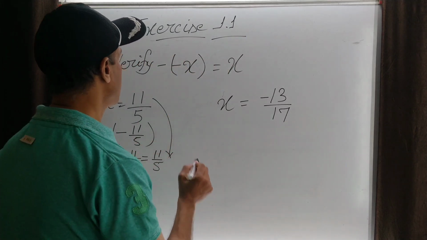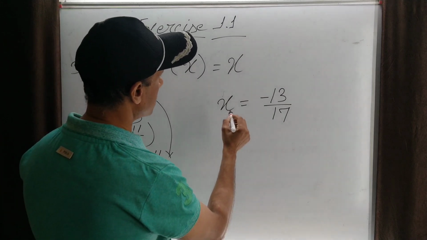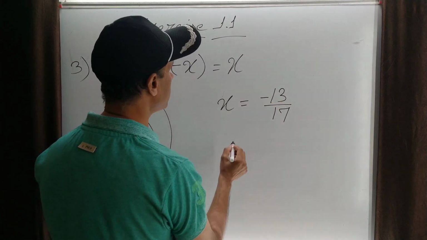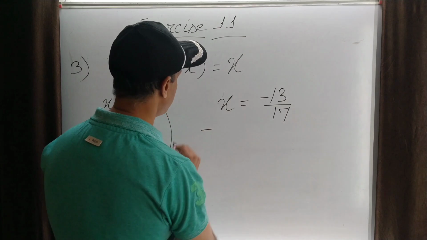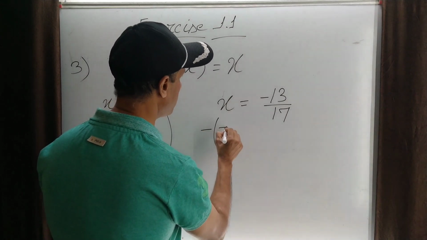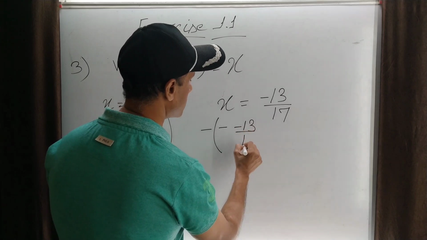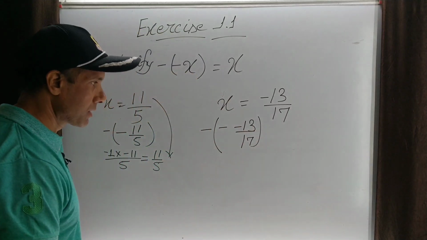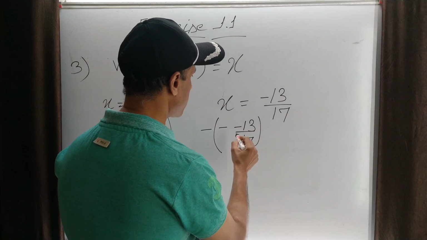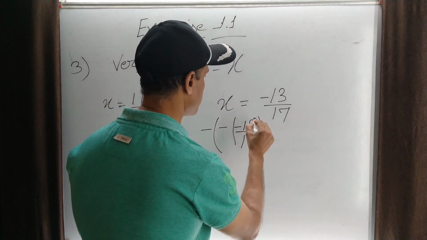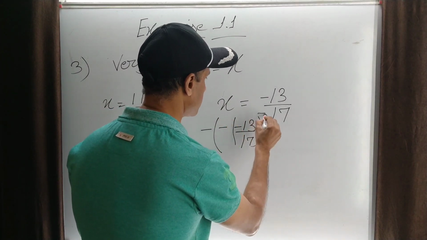Correct? Similarly, we take this example. Here x is minus 13 by 17. How do I write it? Minus bracket minus 13 by 17. While writing this, we can represent this in a bracket, so let's make this a square bracket.